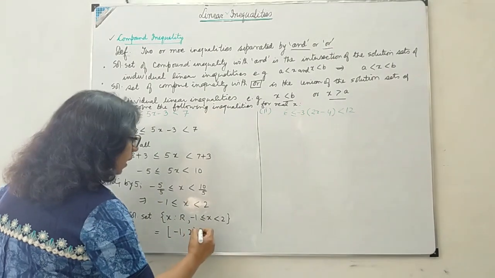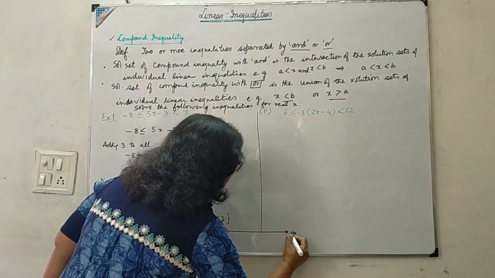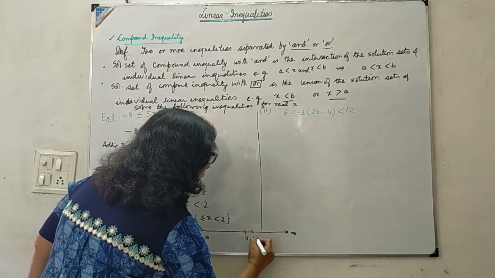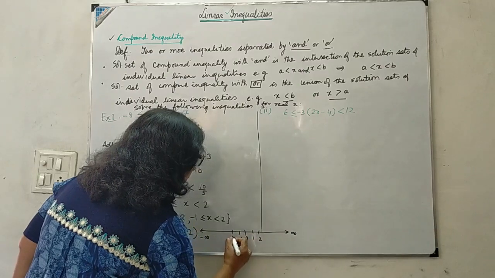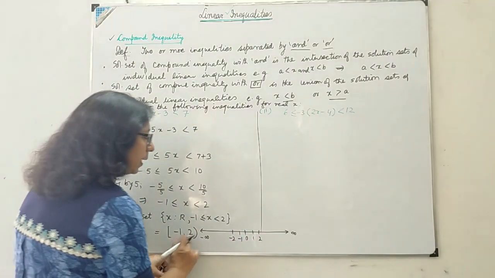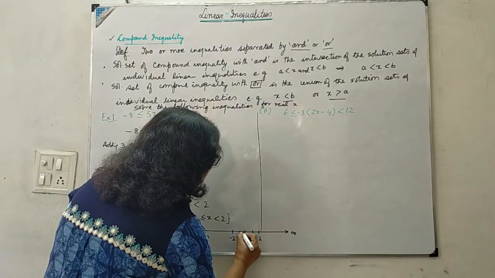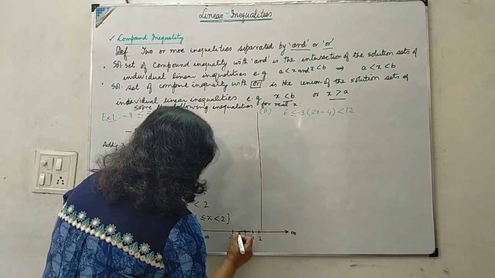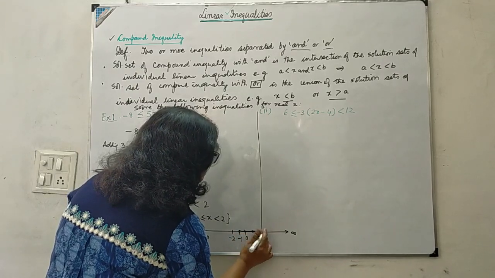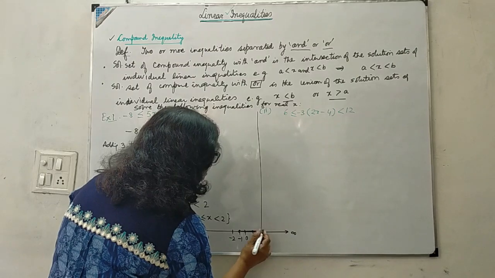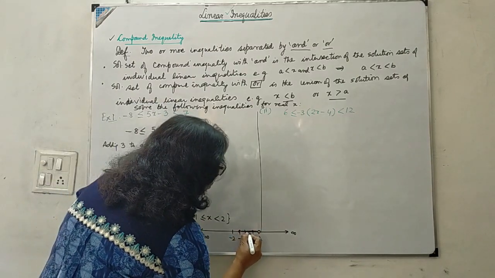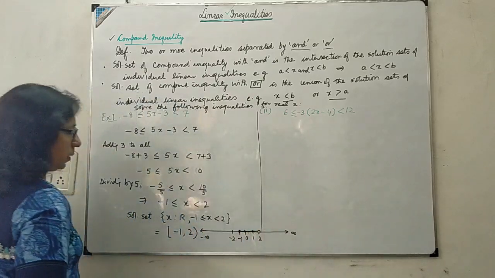To show it on the number line, this is infinity, this is minus infinity, this is 0, 1, 2, minus 1, minus 2, etc. All the real numbers lying between minus 1 and 2 are the solution. Minus 1 is included so we take a dark circle, and 2 is not included so we take an open circle. The dark line shows the solution set.